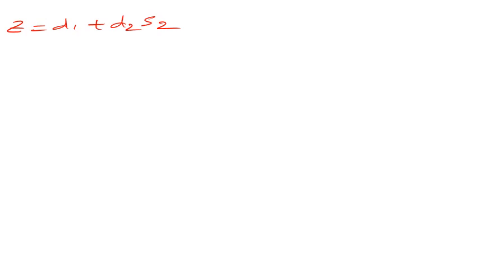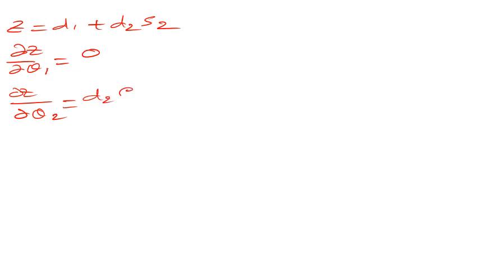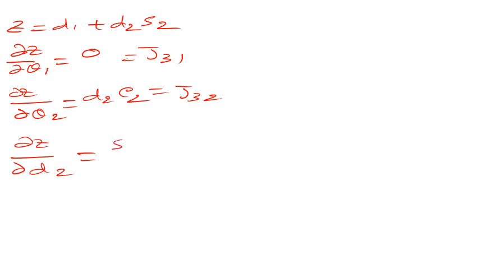So del z by del theta 1 equals 0, del z by del theta 2 is d2c2, and finally del z by del d2 equals s2, which is J33.